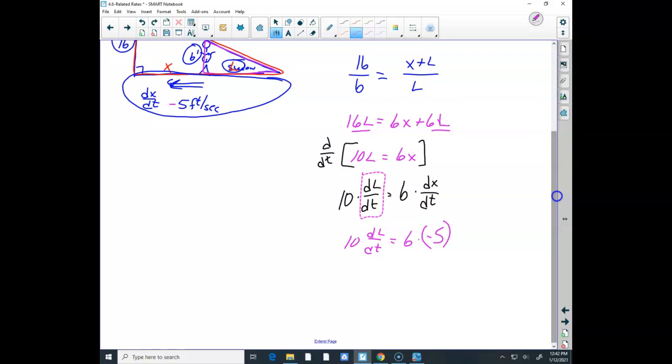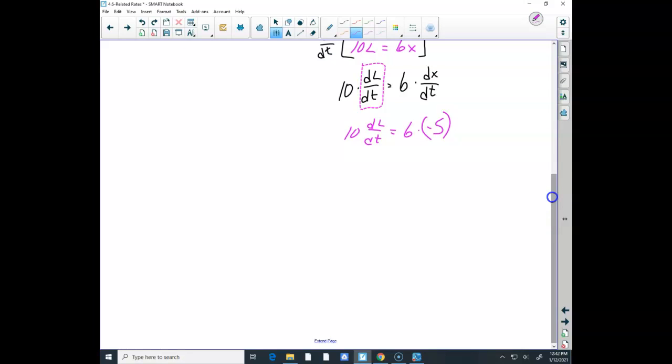Okay, so what do I get? I get dL/dt equals negative 30 over 10, which is negative 3 feet per second. That's the rate at which the length of the shadow is decreasing at that moment in time.